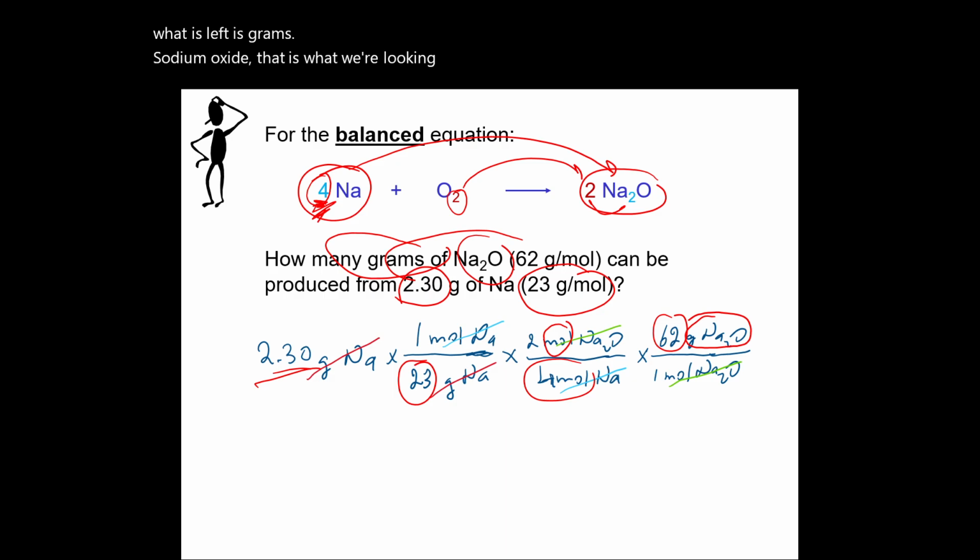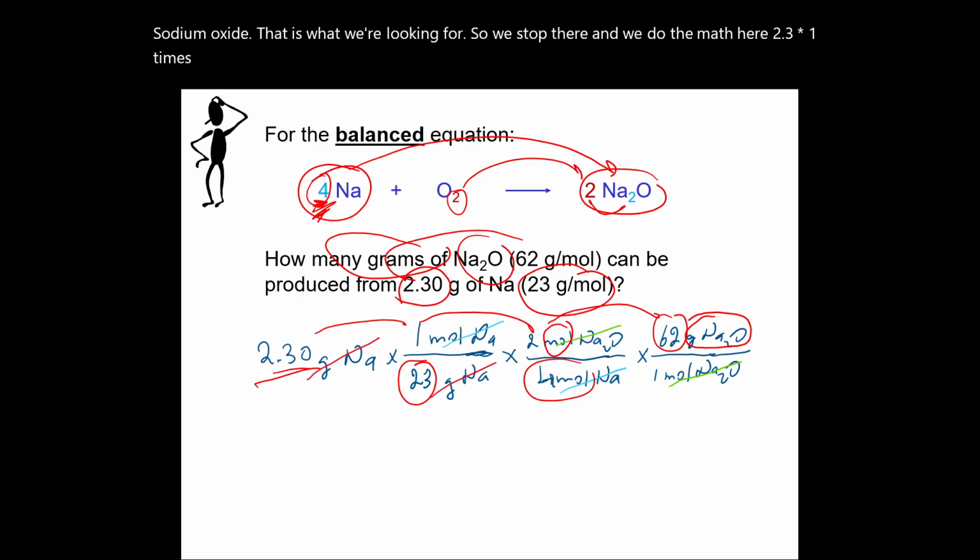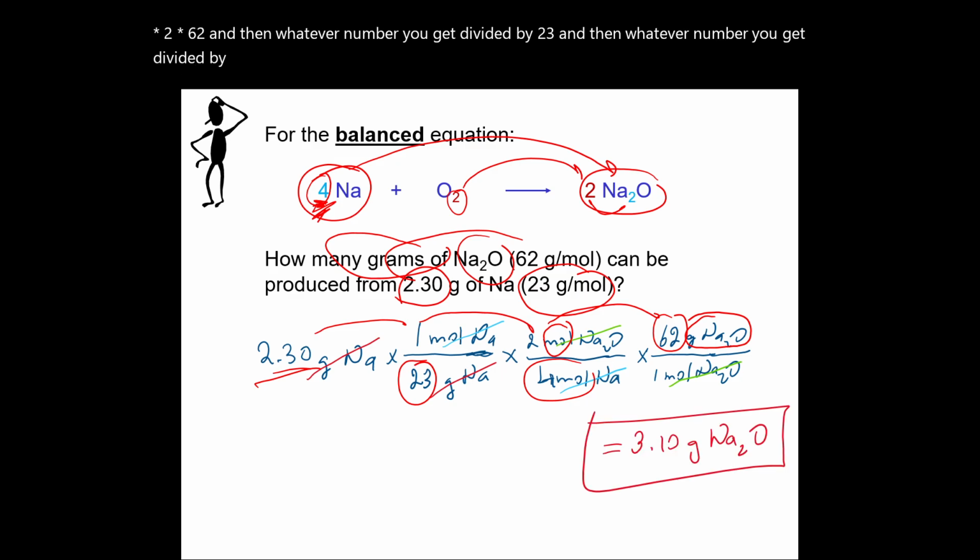So we stop there and do the math: 2.3 times 1 times 2 times 62, divided by 23, and then divided by 4. You come up with 3.10 grams of sodium oxide.